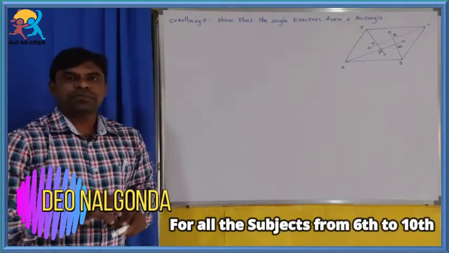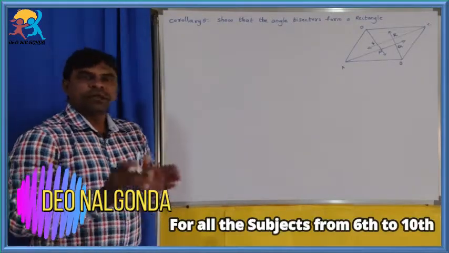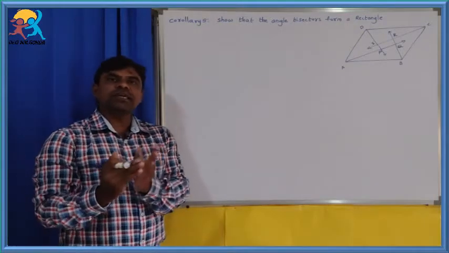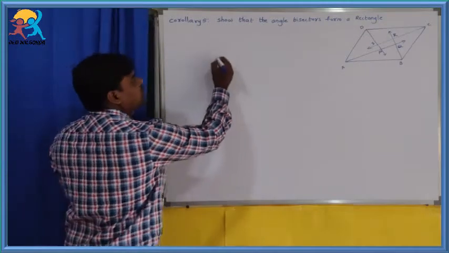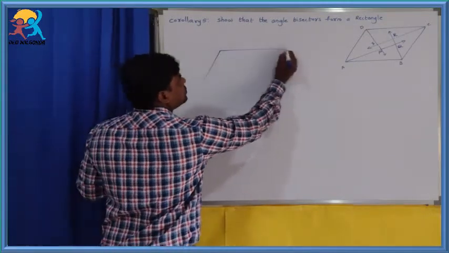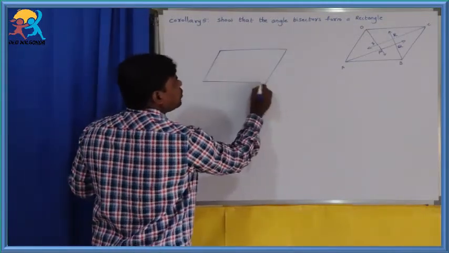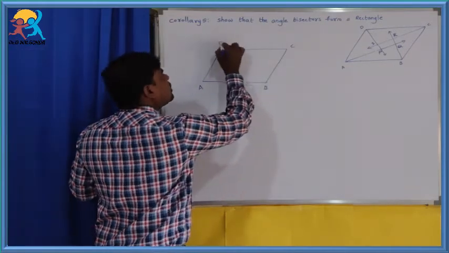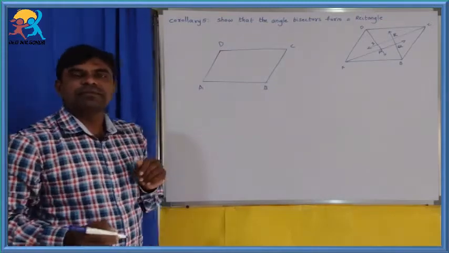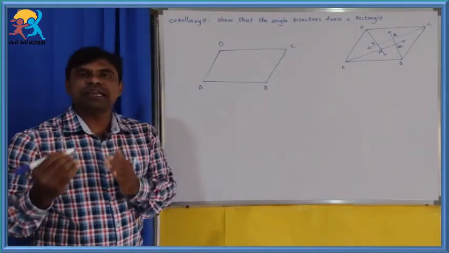In the textbook we have one method, but instead of that we will take one easiest method. I will show here. First of all, we have to draw the parallelogram. This is the parallelogram ABCD. We know that in the parallelogram the opposite angles are equal and the sum of adjacent angles is 180 degrees.